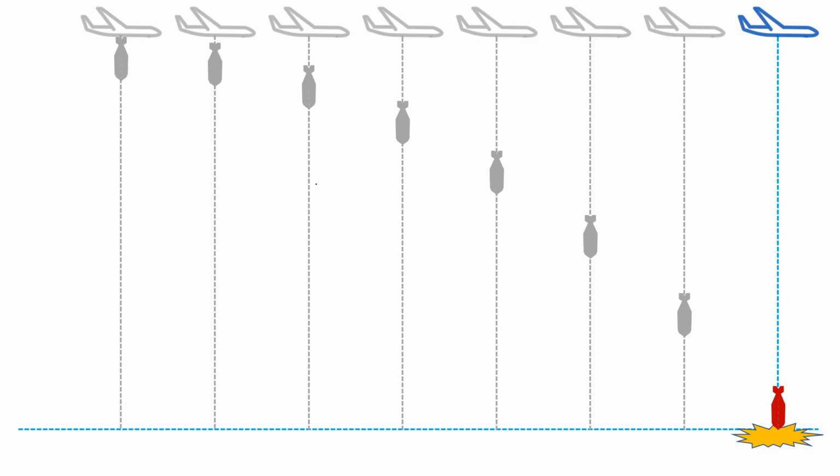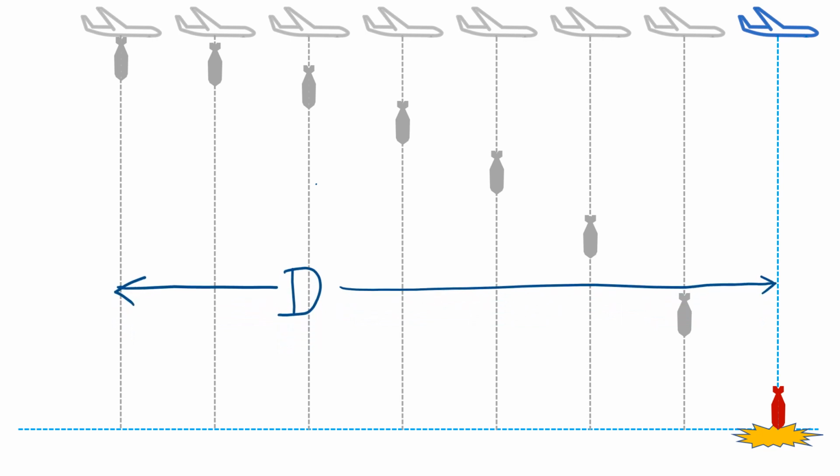Here we need to find d, the horizontal distance from the moment the bomb was released from the plane to the moment the bomb falls to the ground. We rewrite the given and asked conditions in the horizontal direction that we did earlier. We use the second equation of motion to get d.